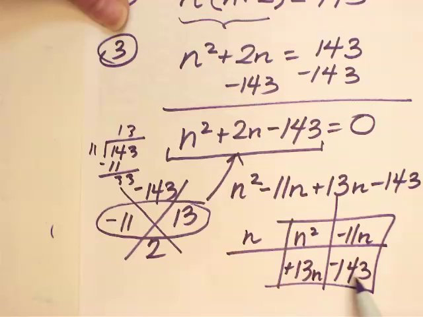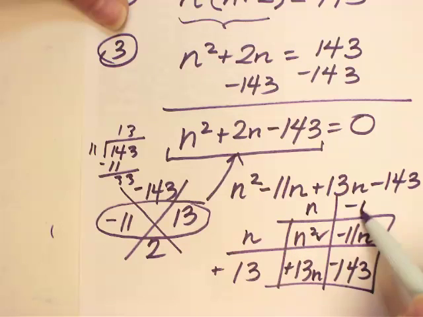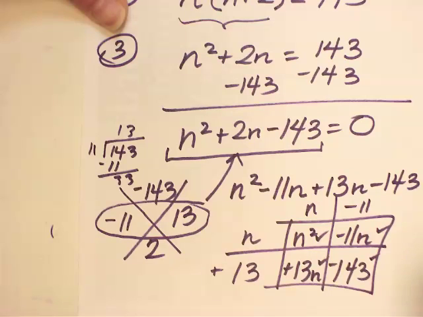The bottom, I know that 143 is 11 times 13, so 13 will go into that, positive 13. Then go vertically, n times n gives me n squared, so that works. n times negative 11 will give me negative 11n. Now verify. 13 times n is 13n. 13 times negative 11 is negative 143. So my 2 factors here are n plus 13 times n minus 11 equals 0.